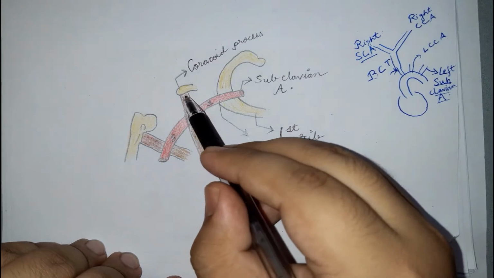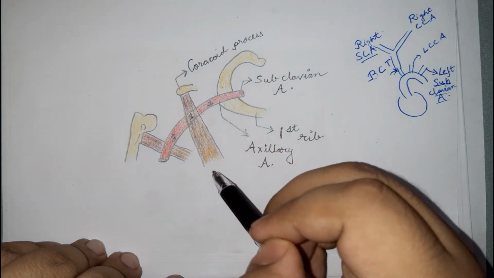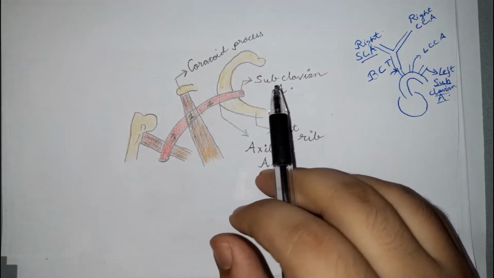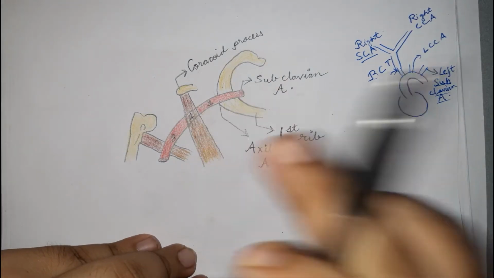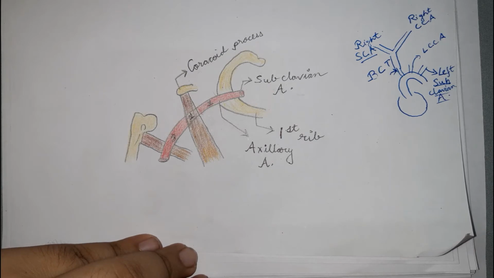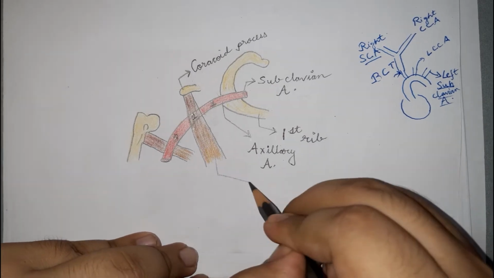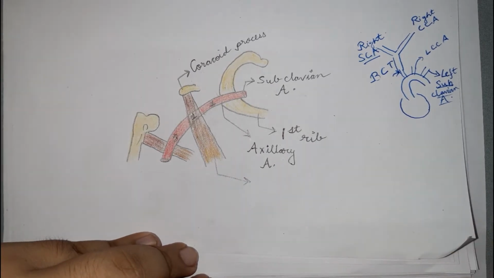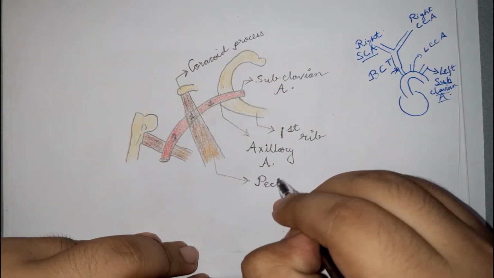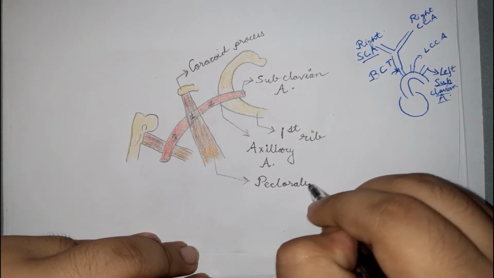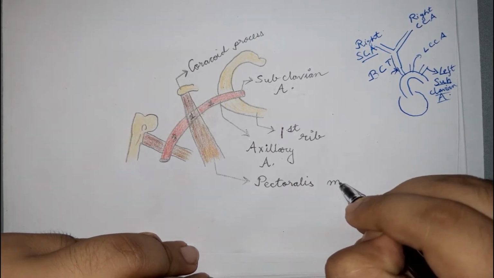From the coracoid process, a certain muscle is arising and going down like this. Okay? Why have I drawn this muscle? What muscle is this? Yes, this muscle that I've tried to draw here is the Pectoralis Minor muscle.